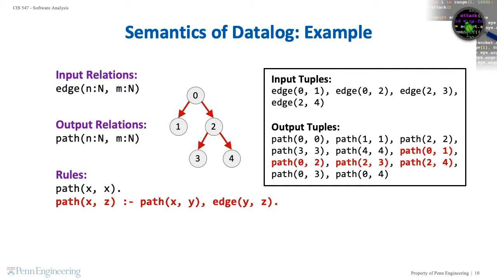Applying the second rule at this time yields all paths of length 1, represented by the following tuples in the path relation: 0, 1; 0, 2; 2, 3; and 2, 4. Applying the second rule again yields all paths of length 2: 0, 3 and 0, 4. Because the path relation doesn't change after applying either of these rules again, the algorithm terminates, yielding the least solution shown here.